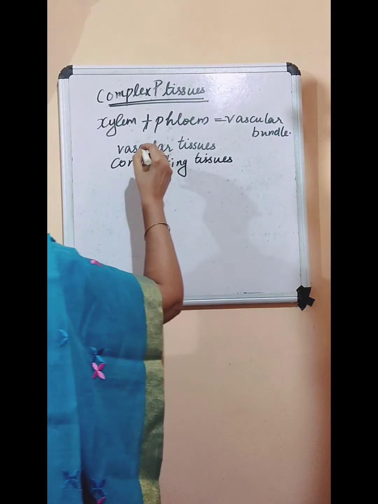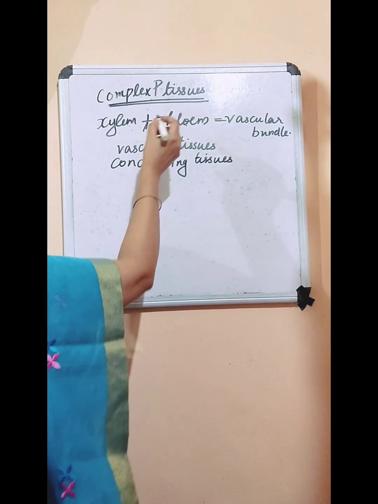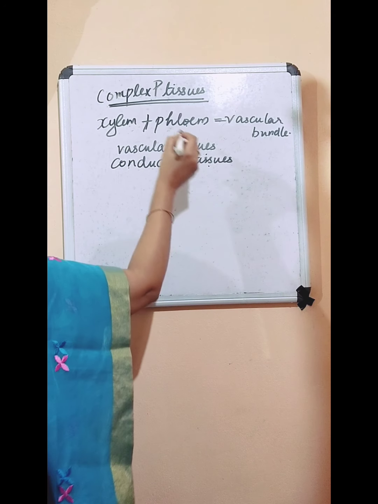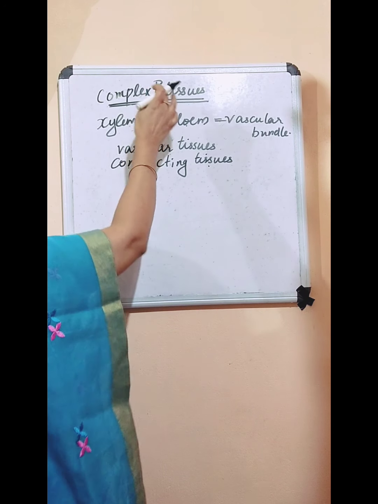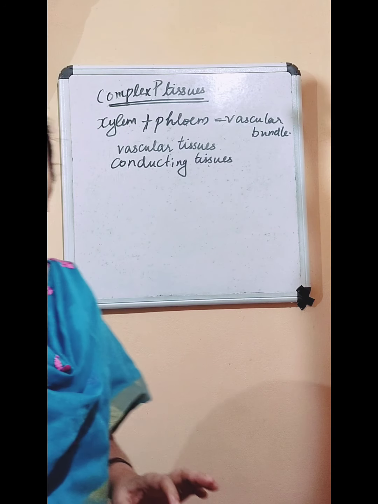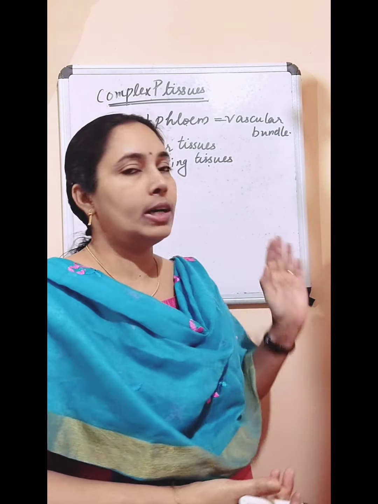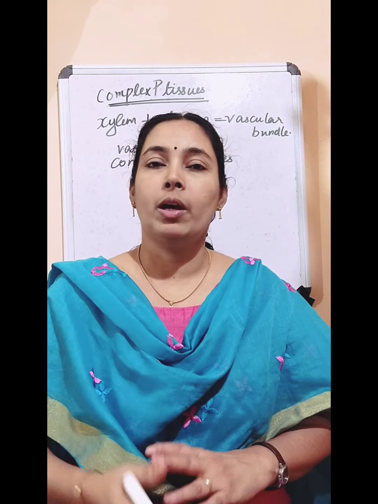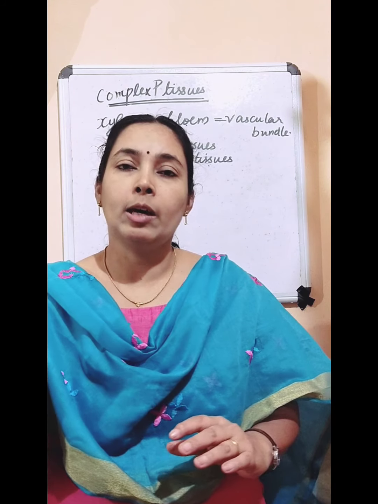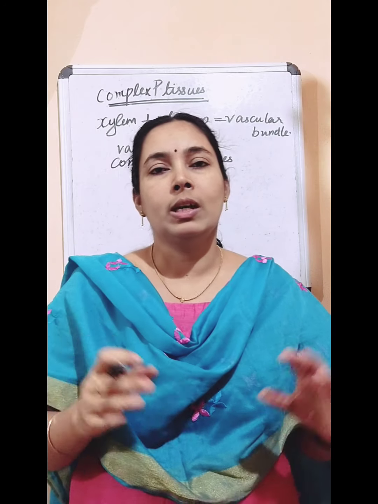So which are the vascular tissues? Xylem and phloem. Which are the conducting tissues? Xylem and phloem. Or which are the complex tissues? Xylem and phloem.